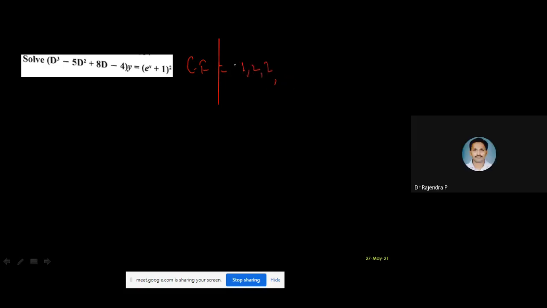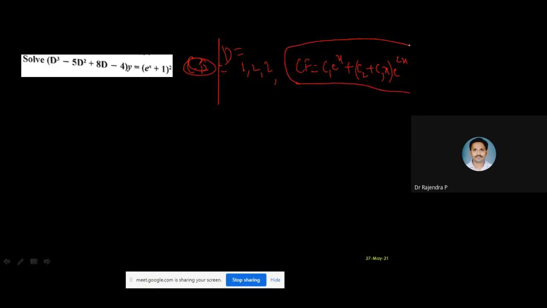So if the values of D are 1, 2, and 2, then your complementary function is: one is a distinct root, so C1 e power x. The other two roots are repeated roots, so (C2 plus C3 x) into e power 2x, since the repeated root value is 2. This is how to write the complementary solution for this problem.